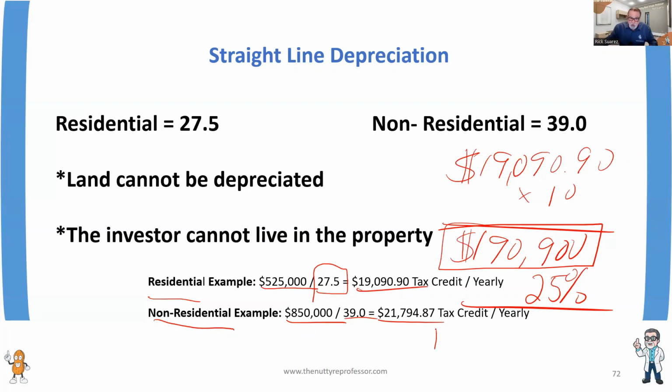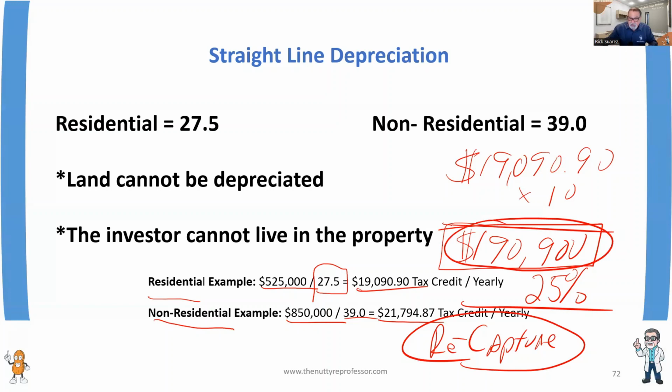But this is called recapture. This is why some investors choose not to depreciate, although I see it as a huge benefit. Because even if you have to pay back 25%, it's $47,000, but you enjoyed $190,000. So if it's worth it to you, do it. If it's not worth it to you, just don't do it or let your investor not do it.